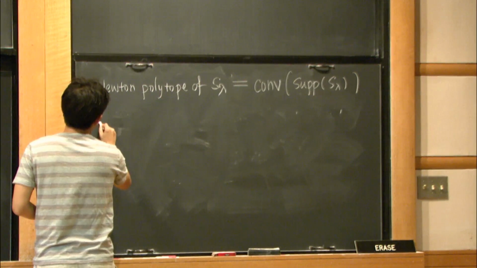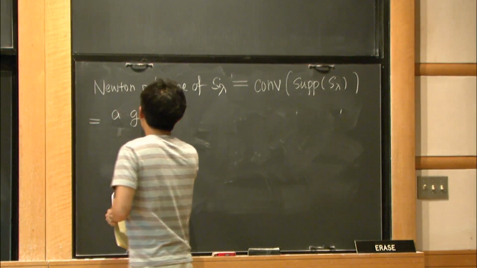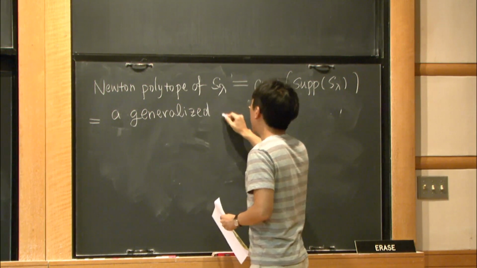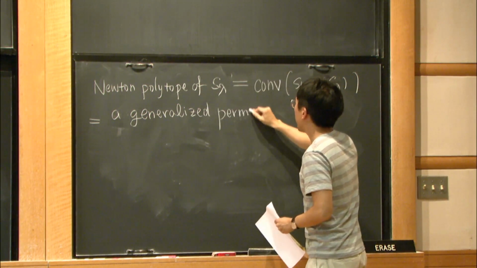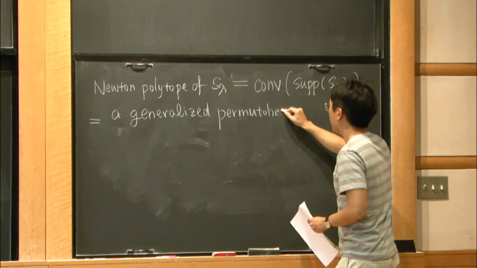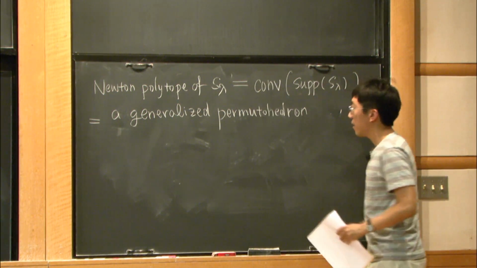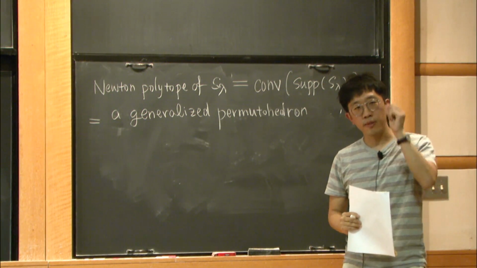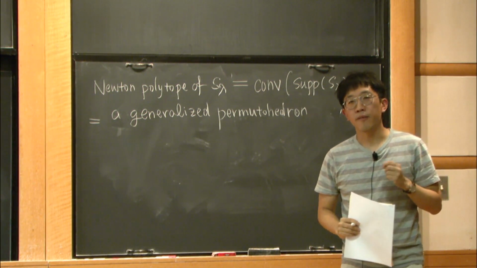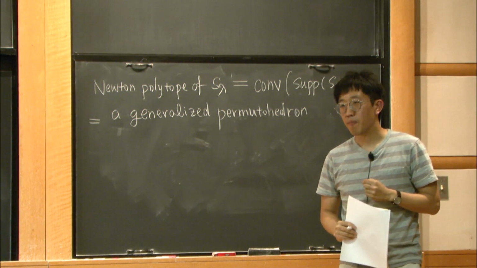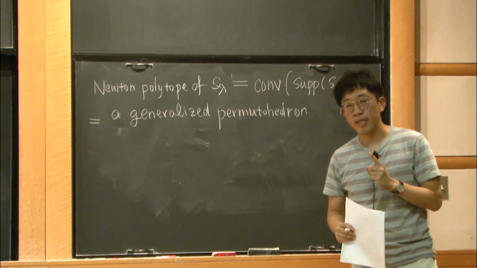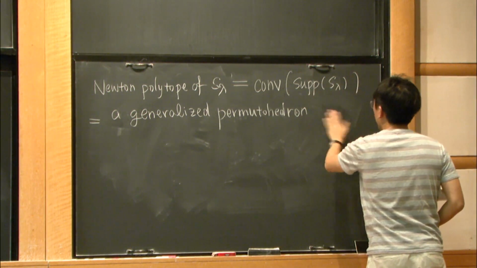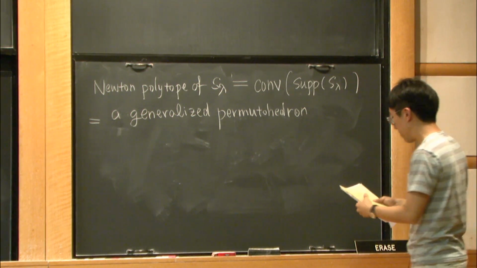And this is what we now call a generalized permutohedron, which is by definition a lattice polytope, all of whose edge directions are of the form e_i minus e_j, so a root in type A. So all the edges point in a very special set of directions.